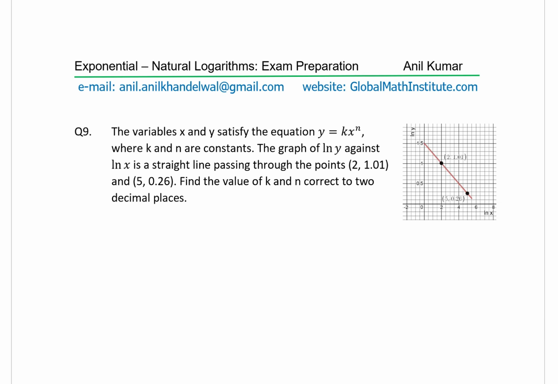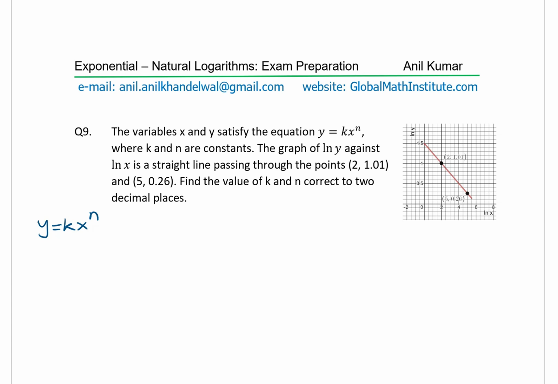Now let us take question number 9. We have a graph here. The question is, the variables x and y satisfy the equation y equals k x to the power of n, where k and n are constants. The graph of ln y against ln x is a straight line passing through the points (2, 1.01) and (5, 0.26).